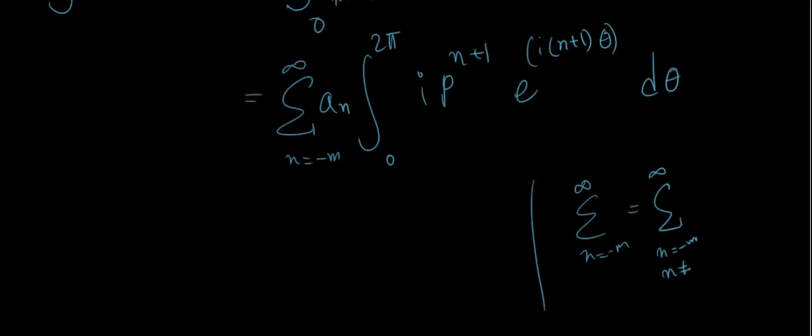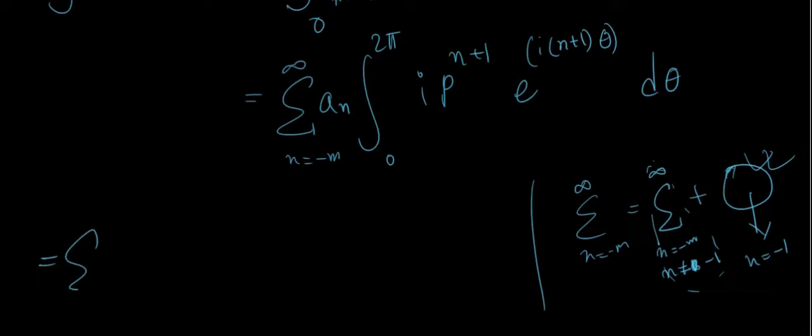However, you put another condition that n is not equal to -1, and since you are missing one term inside this summation, you have to add that term, that is the term corresponding to n equals -1 over here. So if you put n equals -1, there is a term like this, and this is the term that comes from n equals -1. Because again, this is running from -m to infinity, but it doesn't contain the n equals -1 term, and that term is just over there. So this is the decomposition that I'm going to use right now.